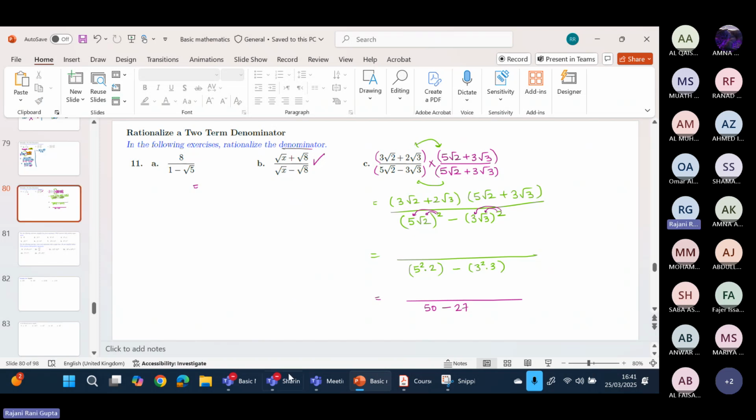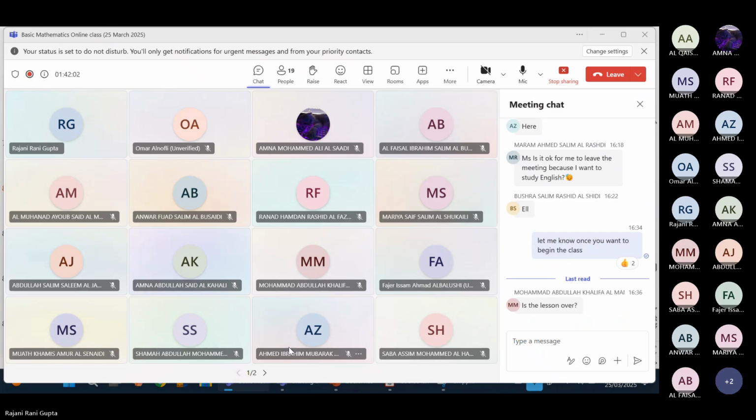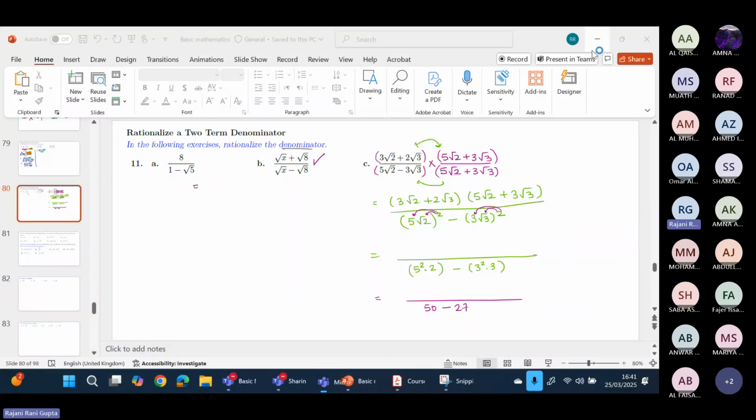Anyone here? Yes. Okay, so I'll just quickly wind up the things and give you what you have studied. I'll pick one question. I hope this question is clear, right? Rationalization. So the process is exactly the same, but when you are working on simplification, you need to be careful.